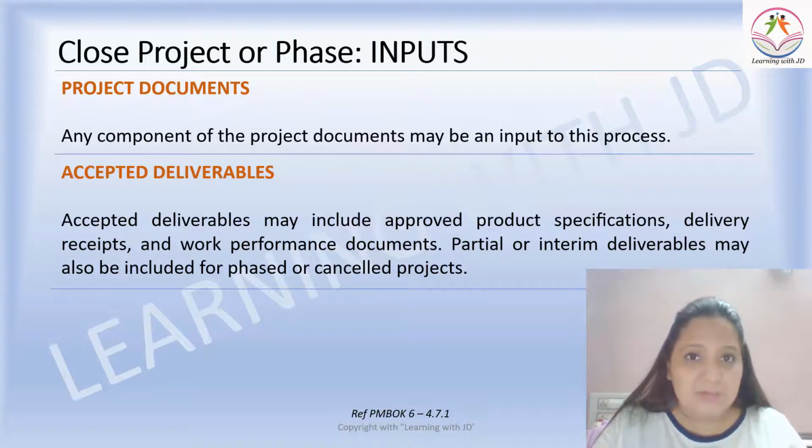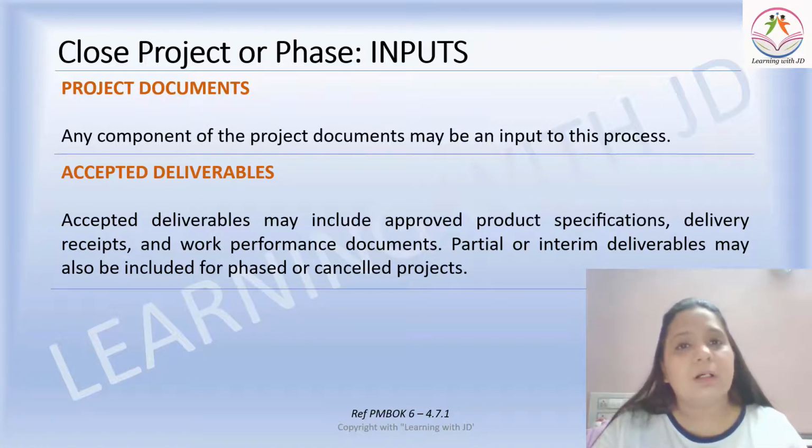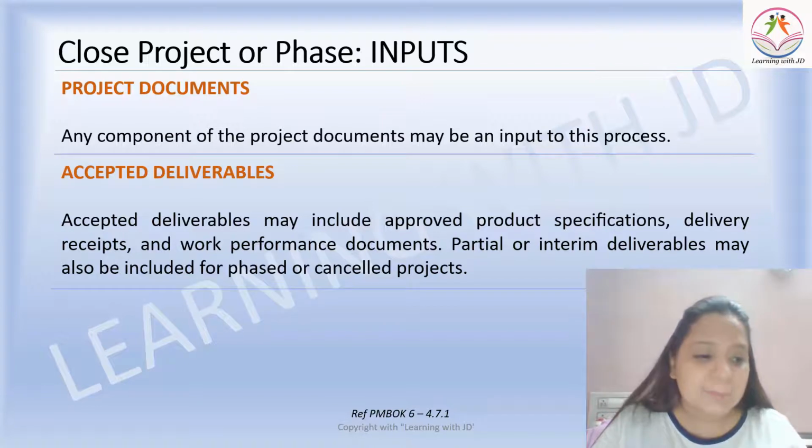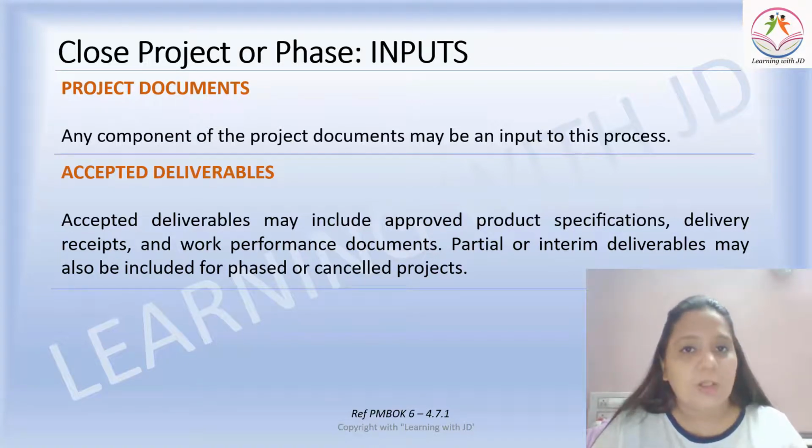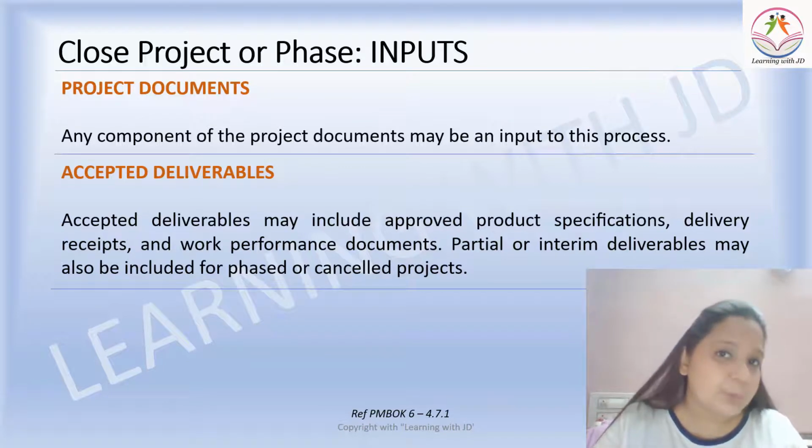Accepted deliverables, very important, please understand. Accepted deliverables may include approved product specifications, delivery receipts, and work performance documents. All the documents that are ready and the accepted deliverables that are ready will now be handed over to the person who is going to sign off the project.